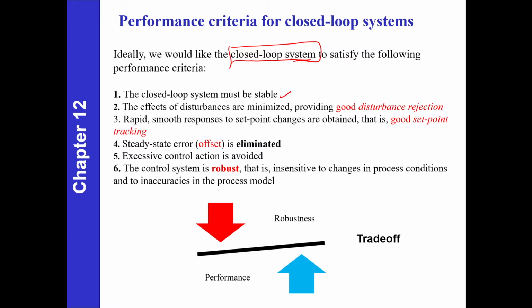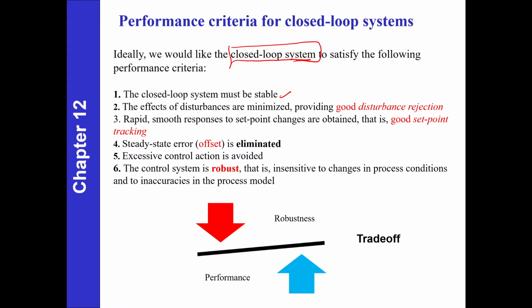And number 3 is a rapid and smooth response to set point change. A good controller also has good set point tracking, meaning when we introduce any set point change, the controller can bring the system back to that set point.